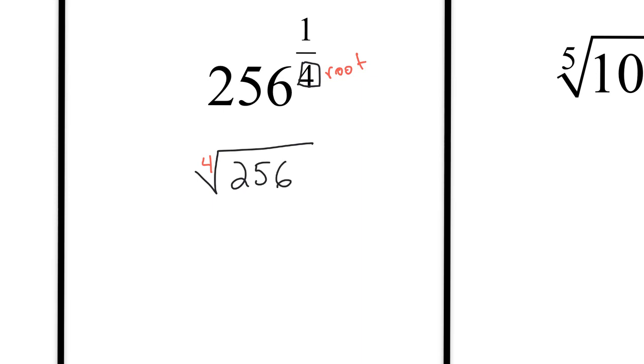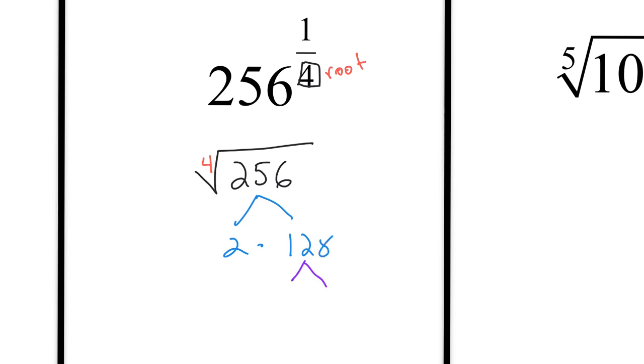Now you're going to start breaking down the number, and this is where you do prime factorization. Notice that the number is even, so I can multiply 2 times some number that gives us 256, and that's going to be 2 times 128. Now you can also break down the 128.